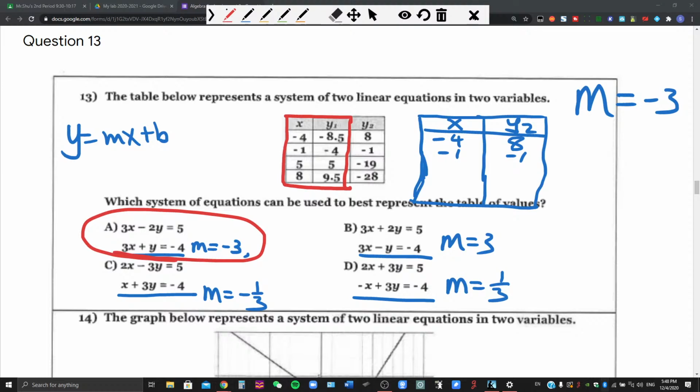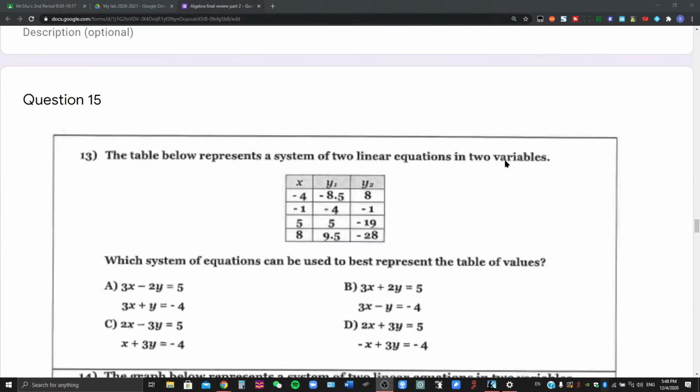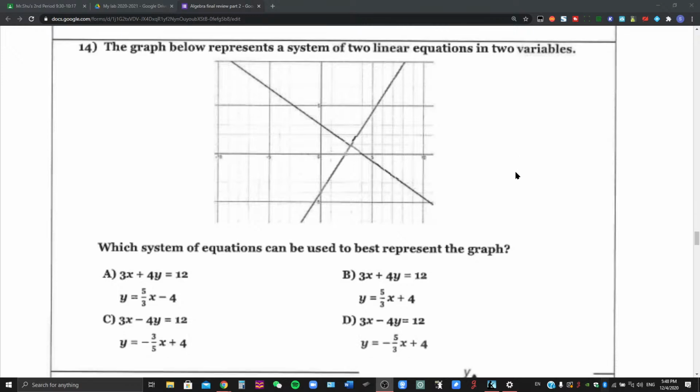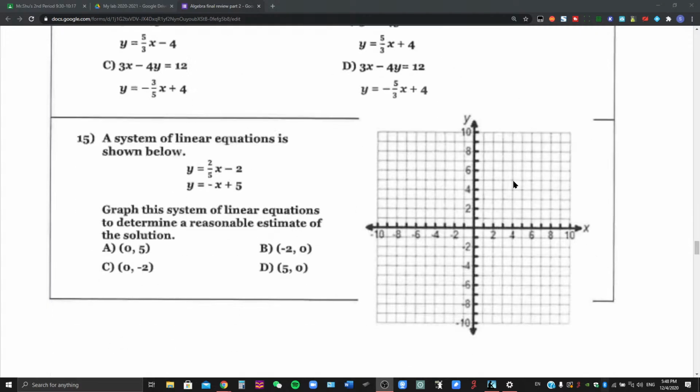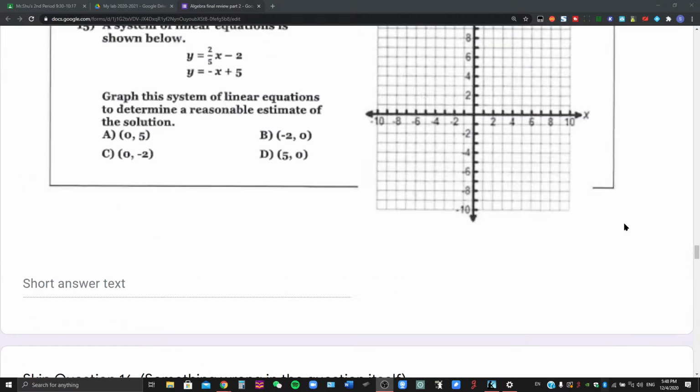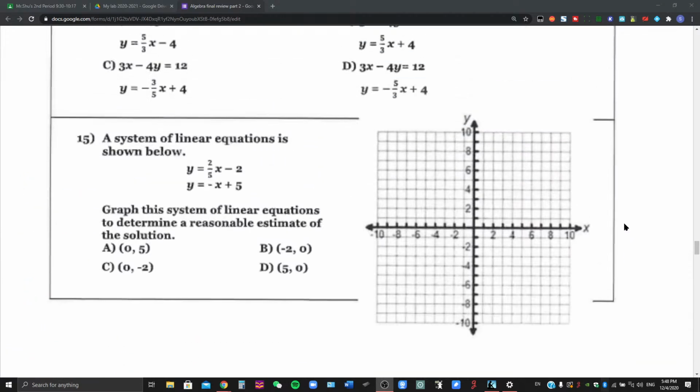Okay, question 14. Oh yes, we will skip question 14 because there's something wrong with that, and in addition, we cannot really read what's on the graph, so we'll just skip it. 15. A system of linear equations is shown below.